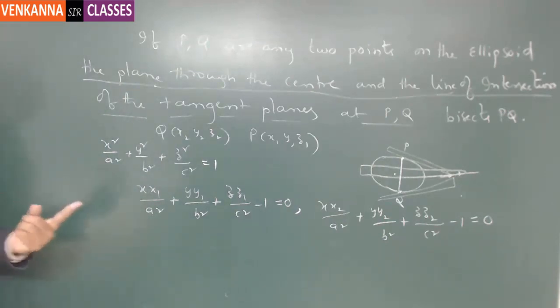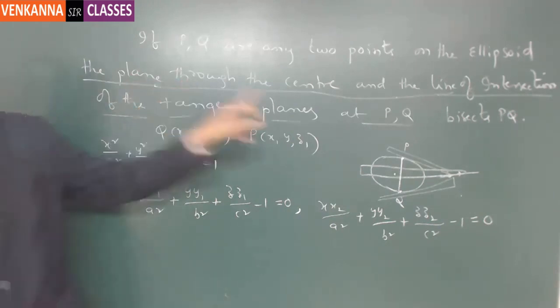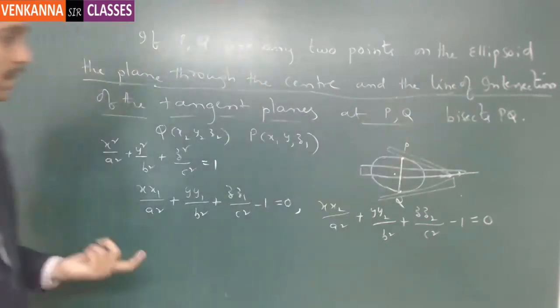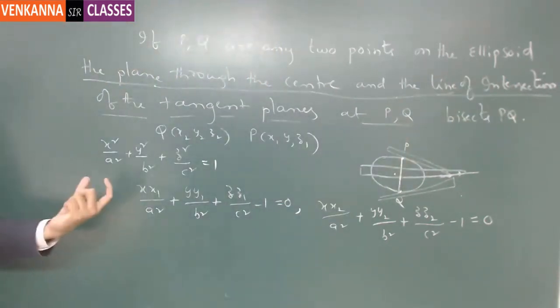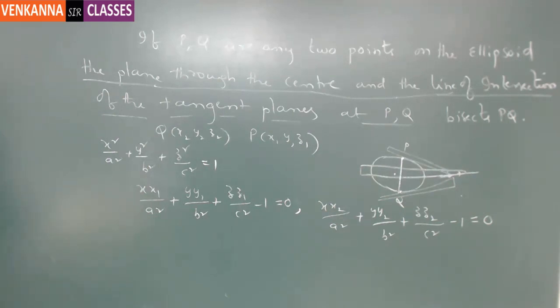Now, what we have to calculate? The plane passing through the line of intersection, right? So, whenever you have two planes, how do we calculate another plane passing through them? Can you get the formula from the planes chapter? I will say it will be pi 1 plus lambda pi 2 equal to 0, the formula we use.